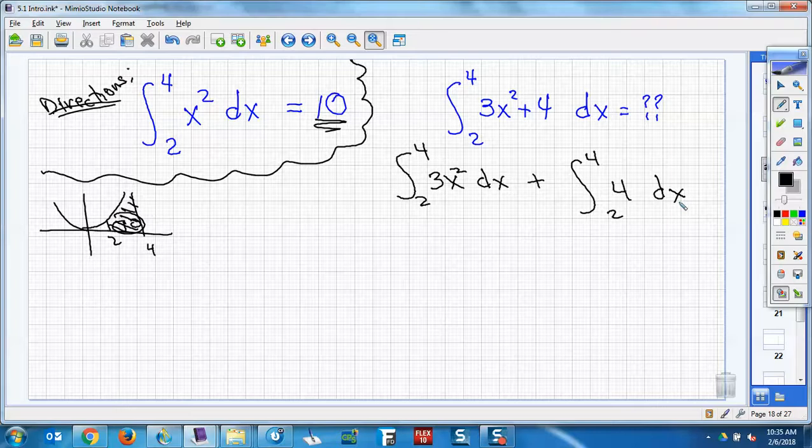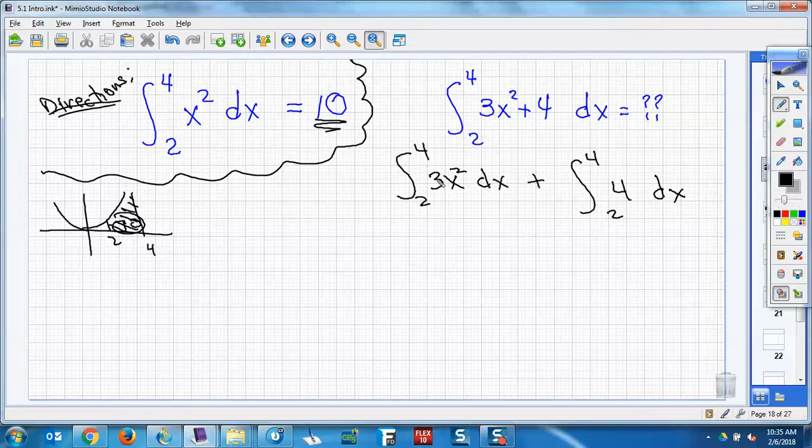Now, for derivatives, that wasn't a big deal. We didn't really write it out because we just said do the derivative of this, do the derivative of this, and that was easy once we had rules for derivatives. We don't have rules for this right now. The only rule we have is we know that means area. And so it takes a lot of work to find the area sometimes. And so actually splitting it apart is good to do.